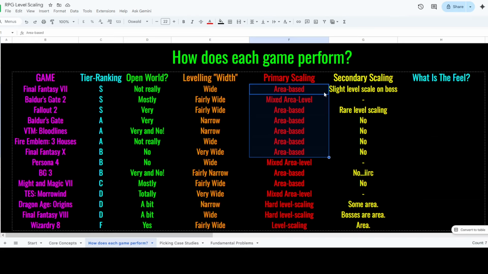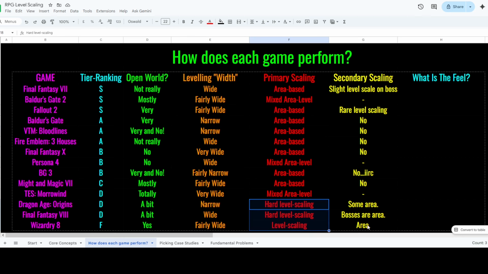So fewer games are using hard level scaling, but also level scaling tends not to be a very popular thing, and it doesn't surprise me in the slightest that the table looks like this, where I feel like Baldur's Gate 2 is the anomaly here.